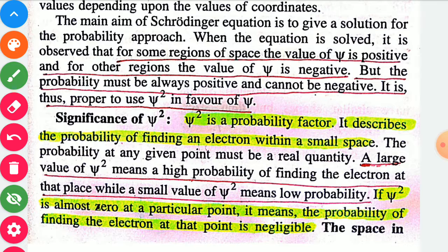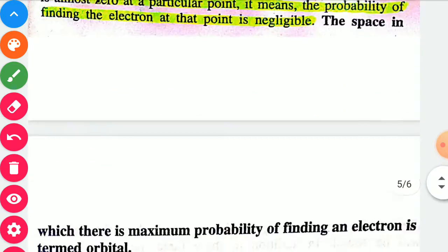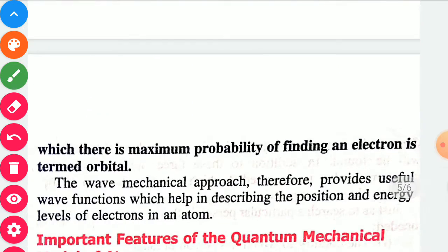The space in which there is maximum probability of finding an electron is termed as orbital. Means we may also say this as the three-dimensional space where the maximum probability of finding the electron is known as orbital.